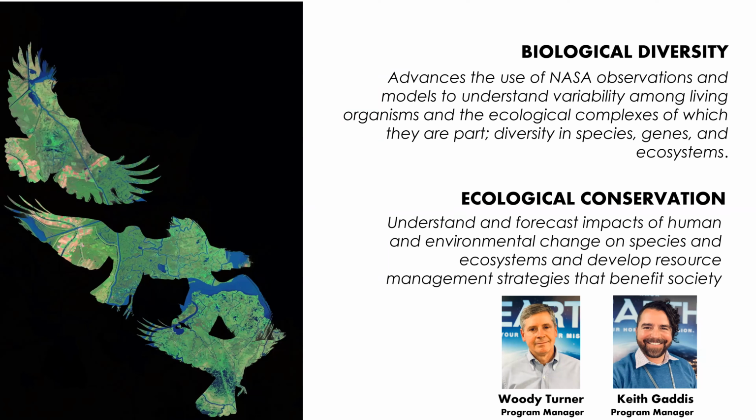And so it's more on the research side, and then the application side that I'm talking about, where we're really looking at decision making and how this stuff could be used for decision making, is our ecological conservation program.